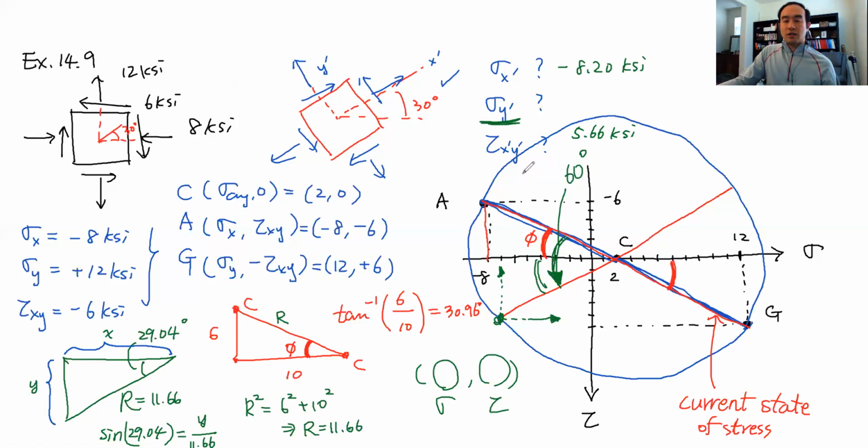Either you just directly use the equation for sigma y prime, or when you calculate the value of your sigma on the other side, that will give you the sigma y, because we now calculated the base of this triangle and we substituted 2, right? In this case, the base of the triangle plus 2 will be sigma y.